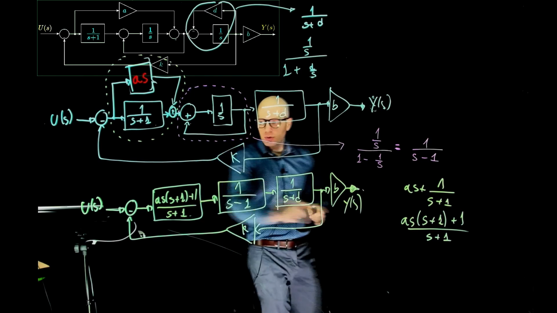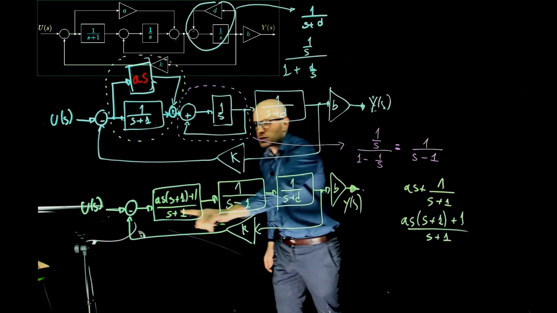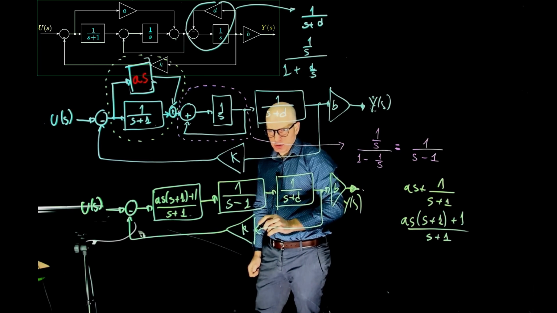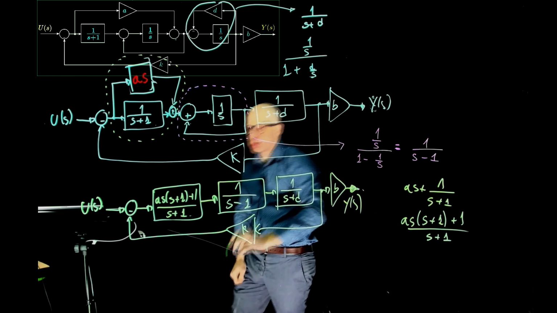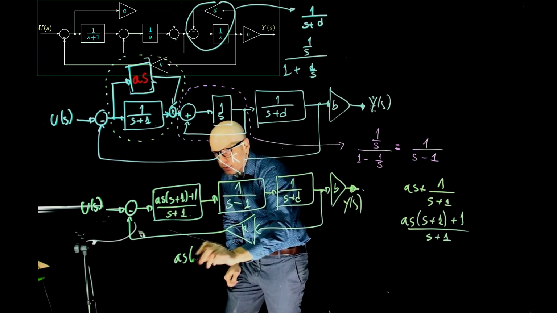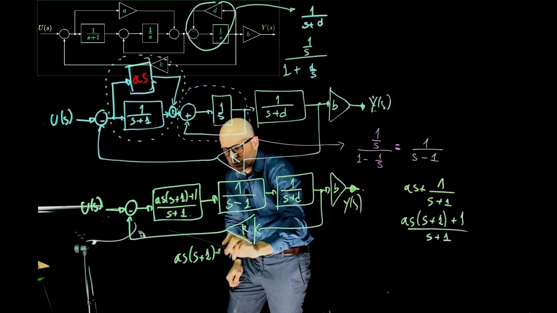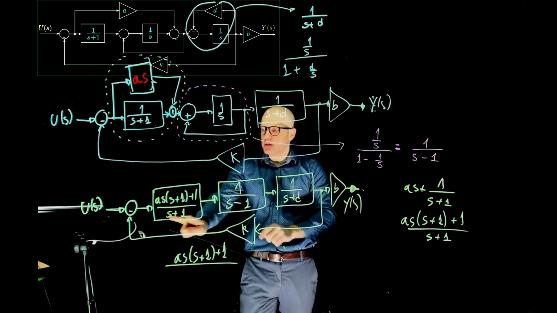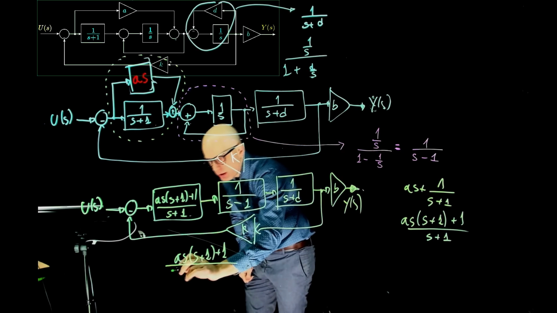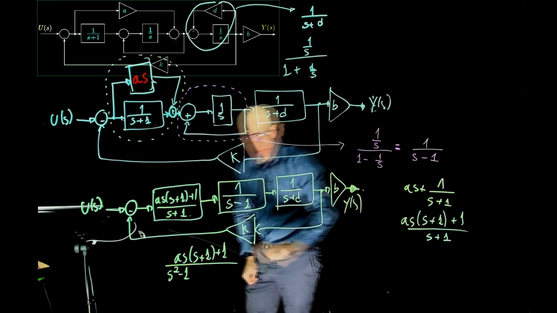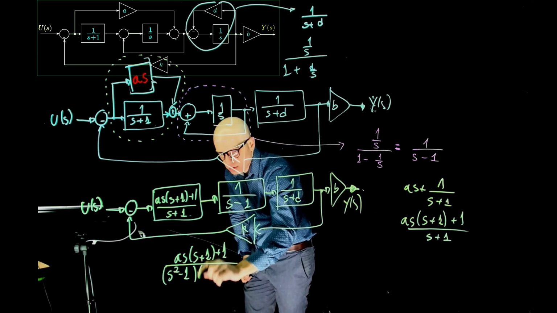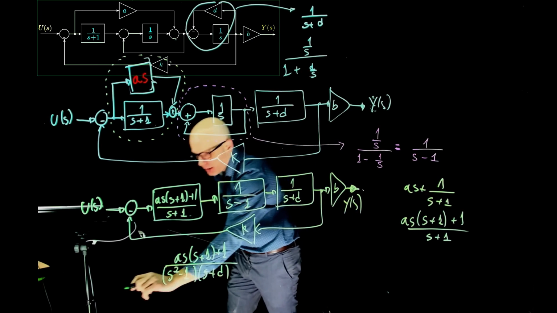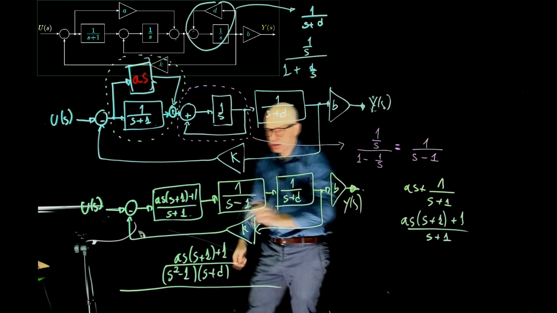Now we can multiply the whole thing here, then you see it's easier now. S plus 1 times s minus 1 is s squared minus 1 times s plus d. So A S, I'm running out of space here, s plus 1, multiplication of all numerators divided by the multiplication of all denominators. S plus 1 times s minus 1 is s squared minus 1 times s plus d, divided by the same thing.